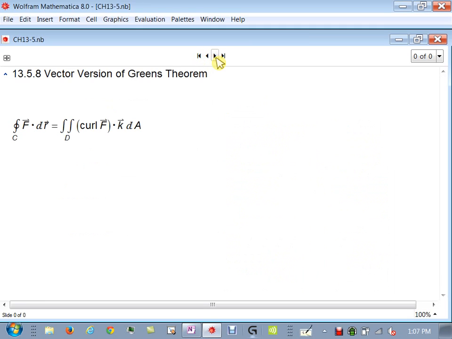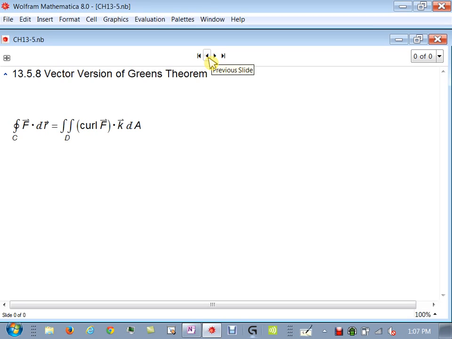And there's two pretty good connections we can make between curl and the line integral over a closed curve. So using Green's theorem, if we're trying to find the line integral over a closed curve C on a vector field F dot dr, then Green's theorem says that can be switched to what does Green's theorem say?